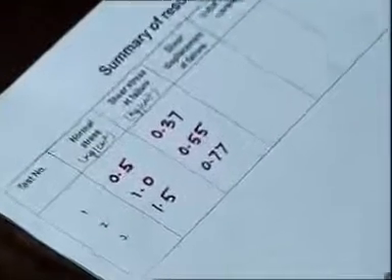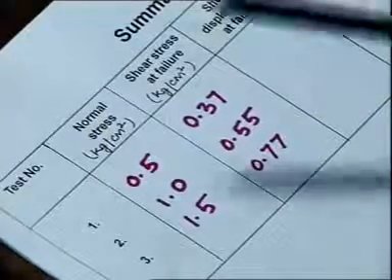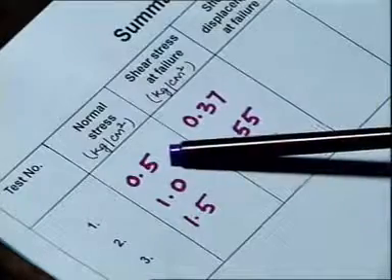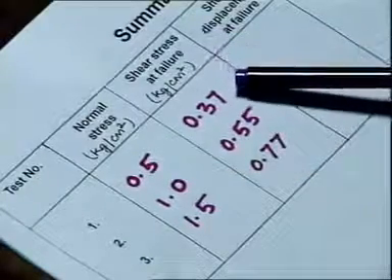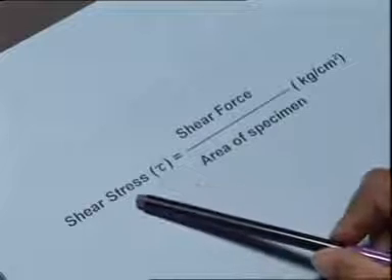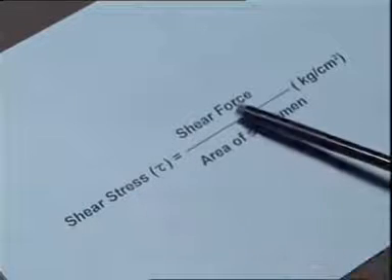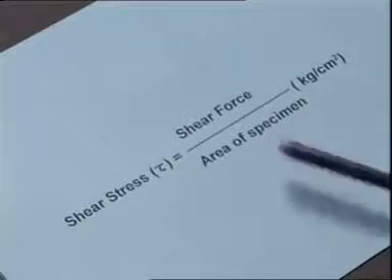Record all the observations in the proforma. For a normal stress of 0.5 kg per centimeter square, the shear stress at failure is 0.37 kg per centimeter square. Shear stress is equal to shear force divided by area of specimen.